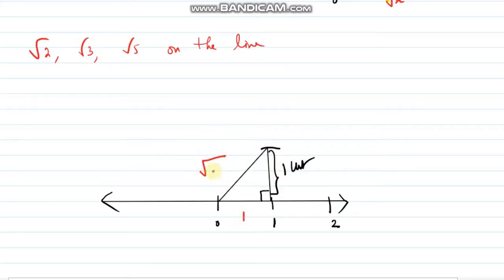This is 1, so it is root of 1 square plus 1 square, that is root 2, right? Now I will take the length of this arc and plot it there, so this will be my root 2.